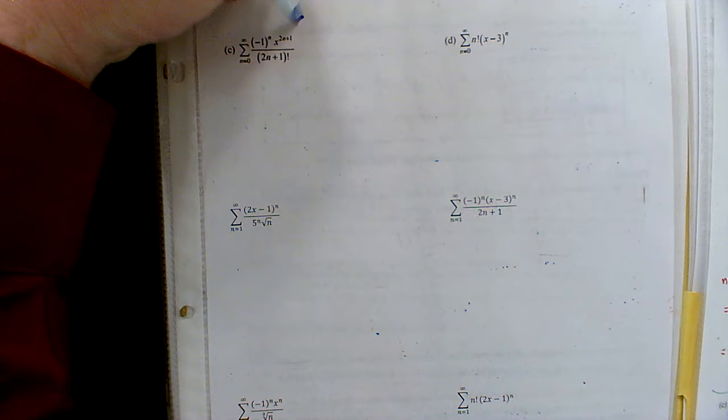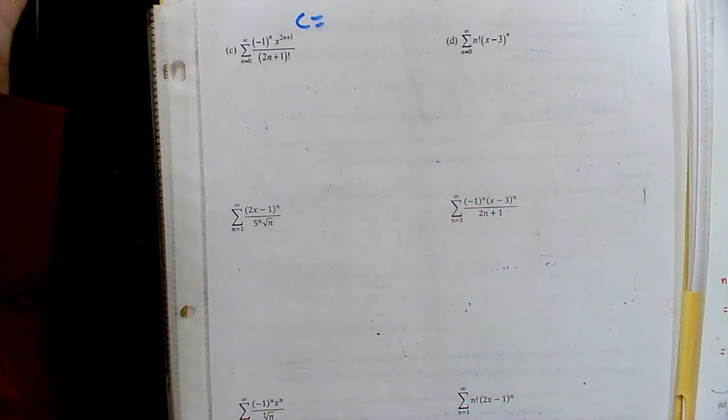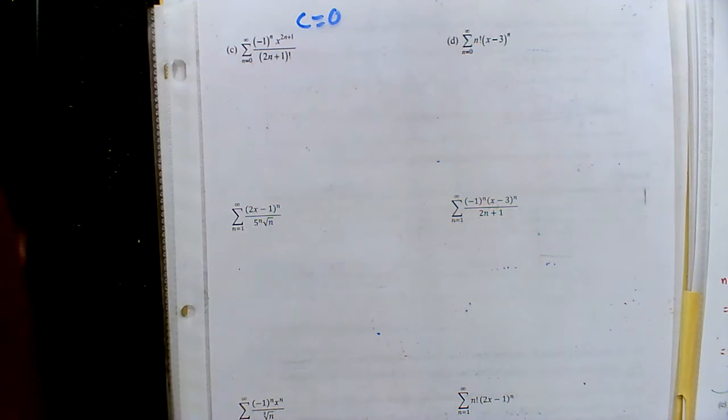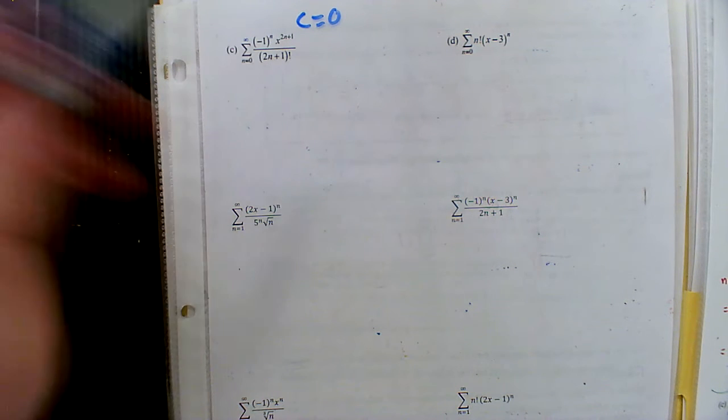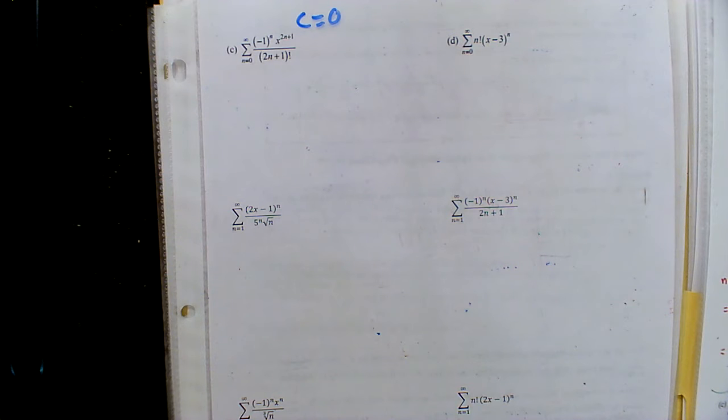What do we think the center is? 0. Nothing is added or subtracted to that x value. If it was x minus 1 and then to the power, that's when you would have a different center. But there's nothing added or subtracted.